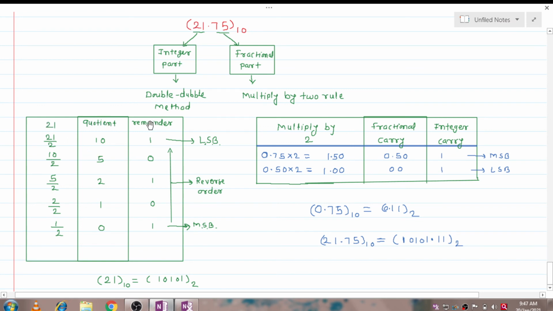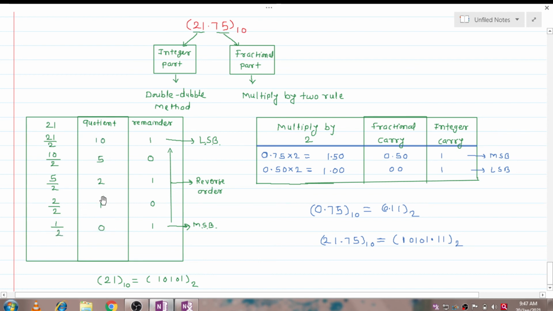Here is the quotient and here is the remainder. 21 divided by 2: 2 tens are 20, remainder is 1. 10 divided by 2: 2 fives are 10, remainder is 0. 5 divided by 2: 2 twos are 4, remainder is 1. 2 divided by 2 is 1, remainder is 0. 1 divided by 2, now the quotient is 0.